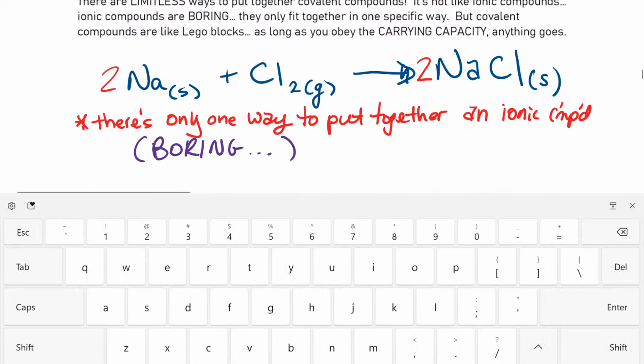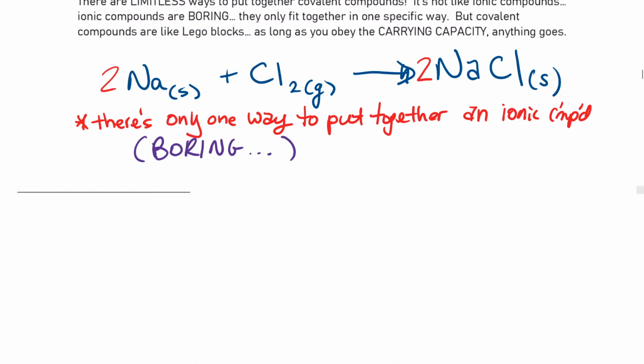On the other hand, covalent compounds can literally be anything. You can put them together however you want. Let's just do carbon plus hydrogen. Carbon plus hydrogen could look like anything.